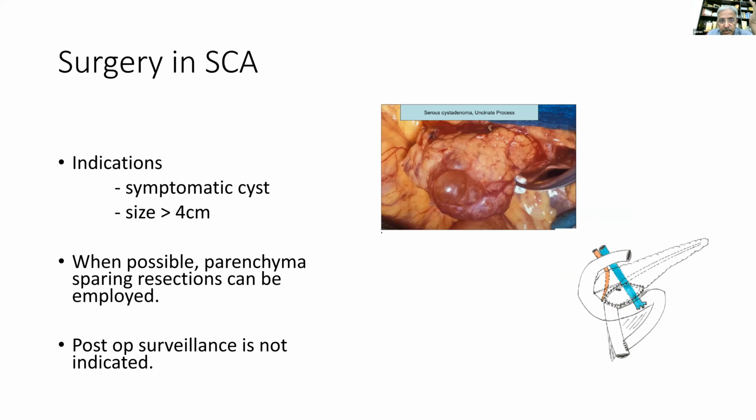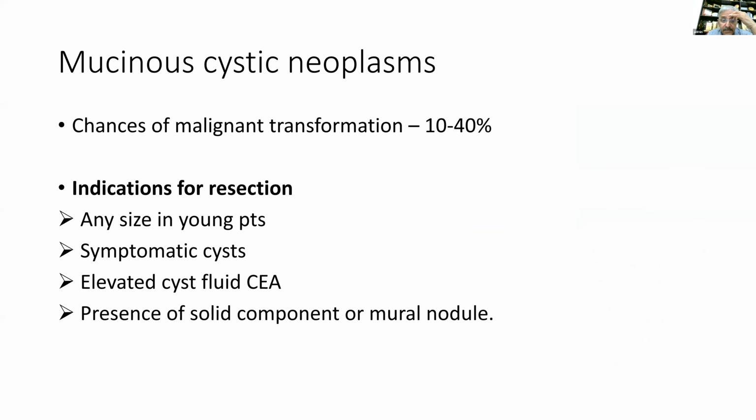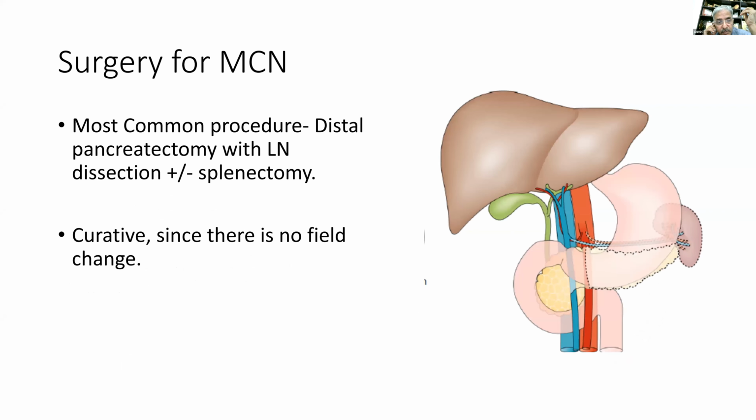It's a little different from mucinous cystadenomas because there is a high risk of malignant transformation of up to 40%. So most of these patients may end up requiring surgery. In that case, it may well be a distal pancreatectomy with lymph node dissection, with or without splenectomy. And we need to do a curative resection.